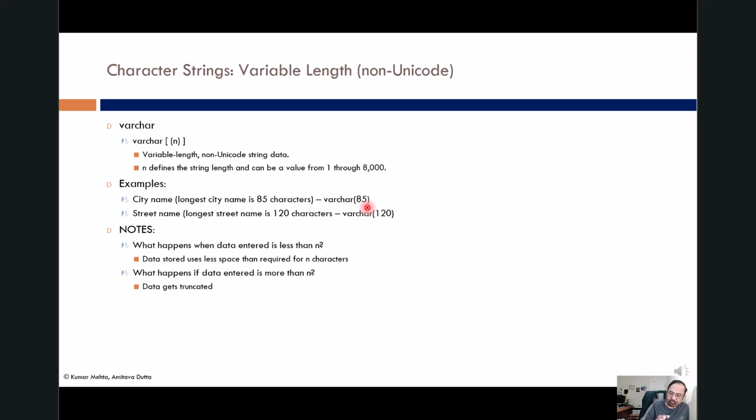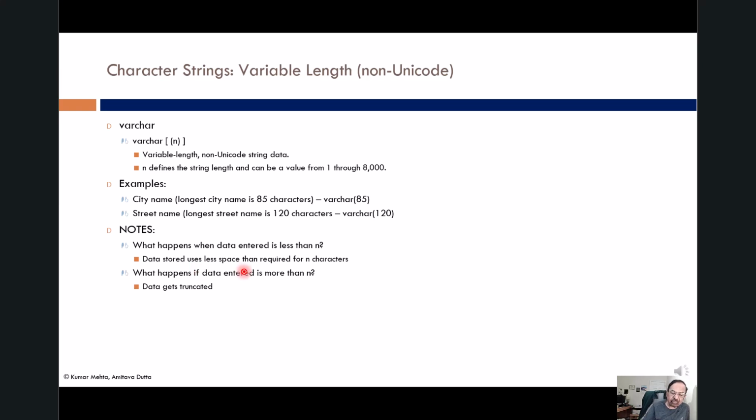That means the longest city name that the system will accommodate is 85 characters long. If I enter a city name that is less than 85 characters long, then less space will be used. There's no padding at the end with extra characters, so this saves space.